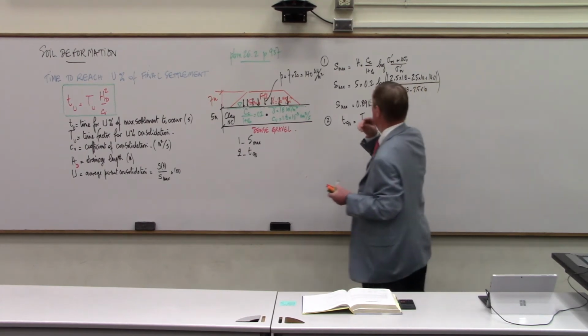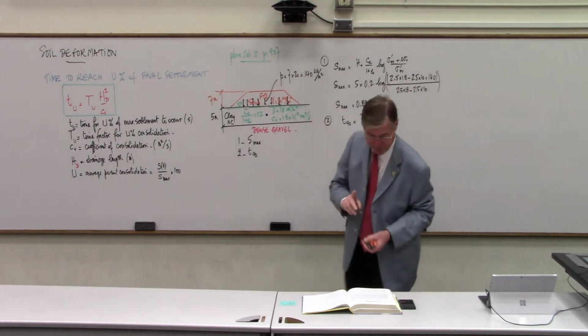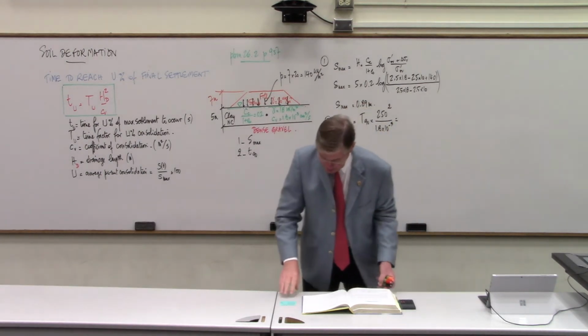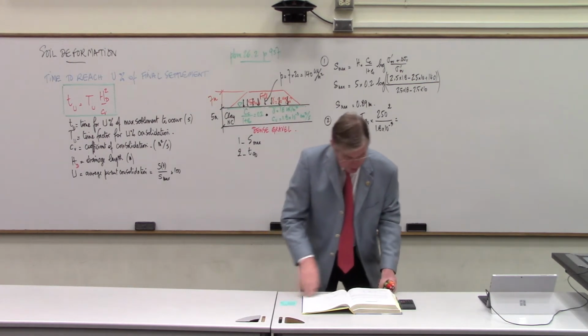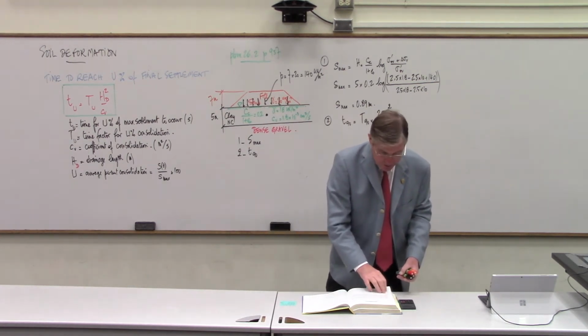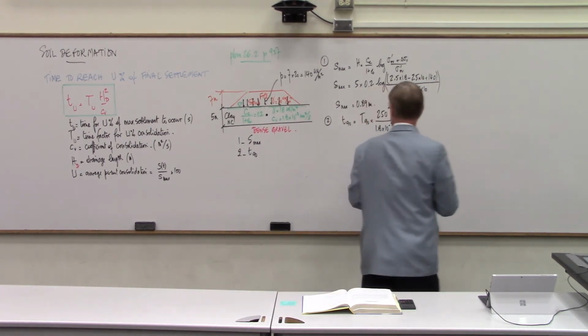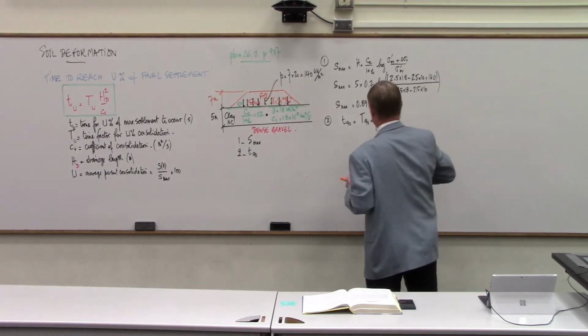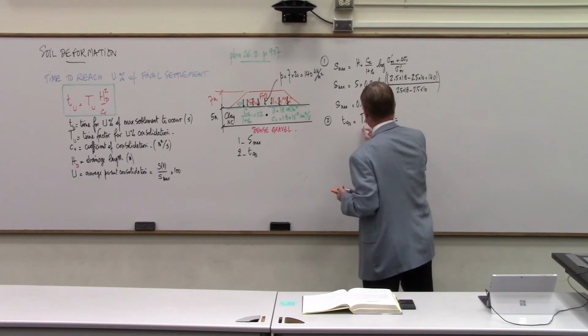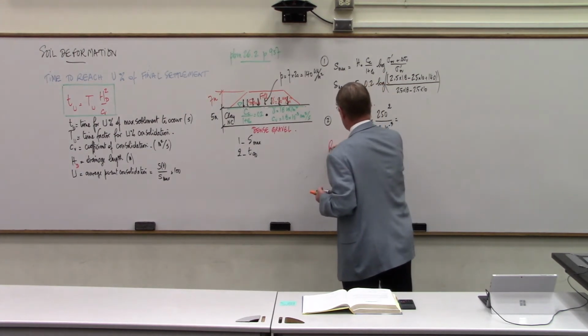So T90, you go to the curve that, let's see, where is that curve? Page 512. So I should make a note of this, that T90, right here, let's write it.